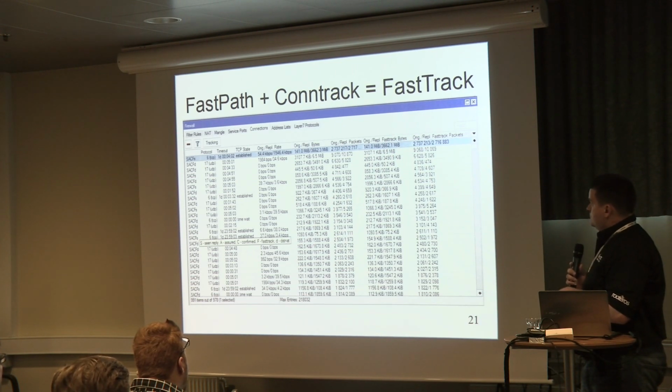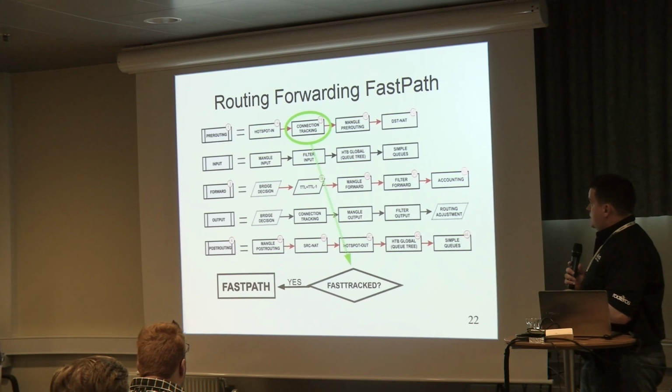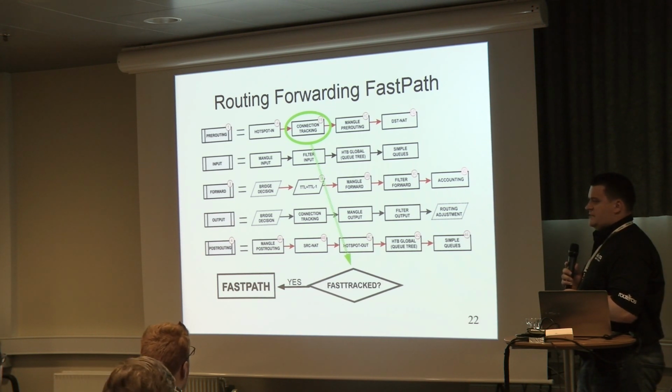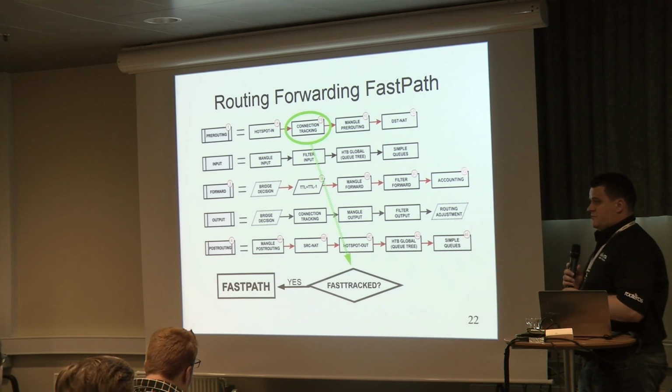So basically what we did, we taught connection tracking to talk directly to fast track so that it can be fast-passed as in the previous example. So right now you can have a configuration in a firewall and have FastPath at the same time.